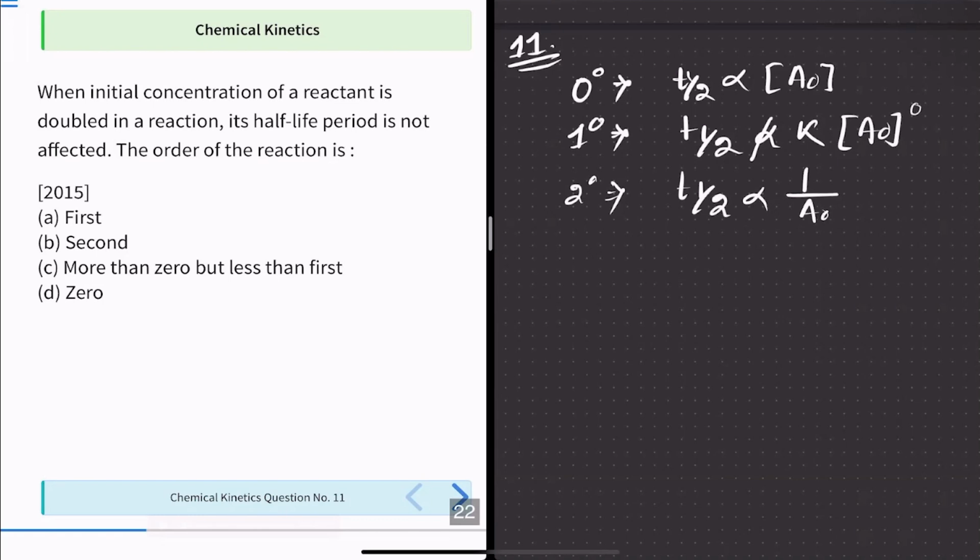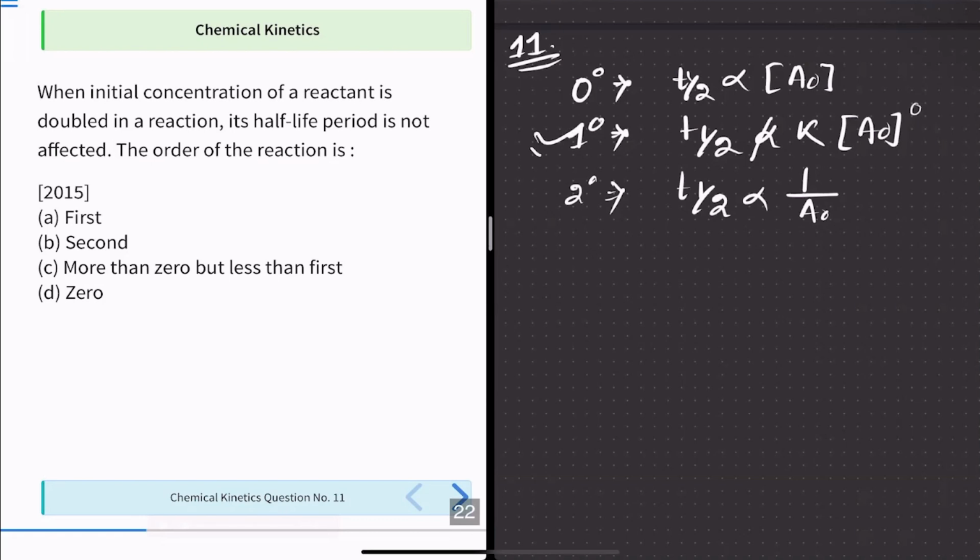Okay. In this question, it is given that the initial concentration is changed to double. After doubling the initial concentration, the half-life is not affected. That means the half-life is independent of the initial concentration. In which order reaction is half-life independent of the initial concentration?